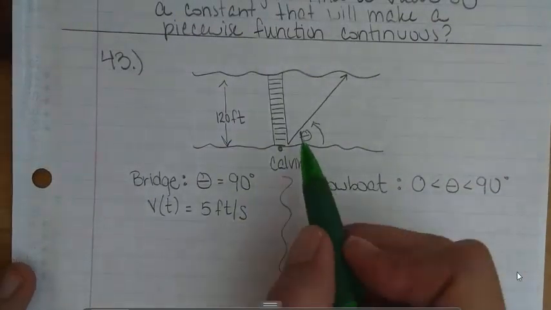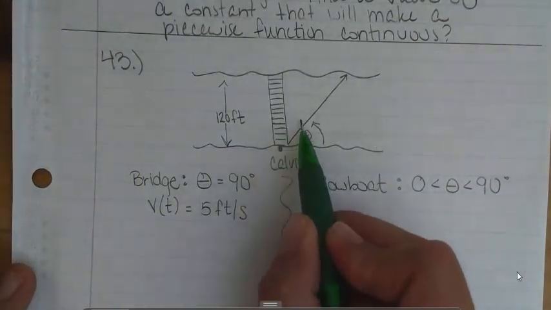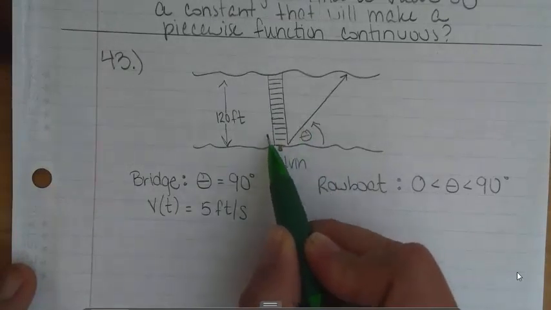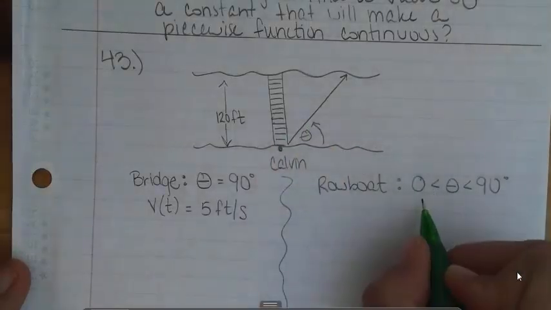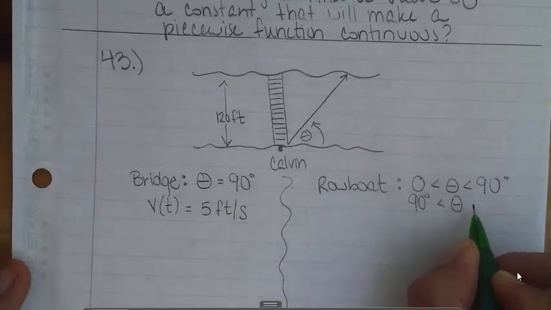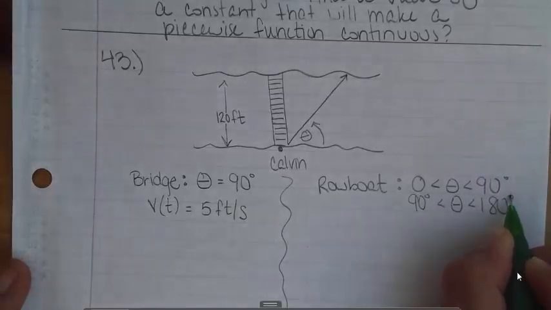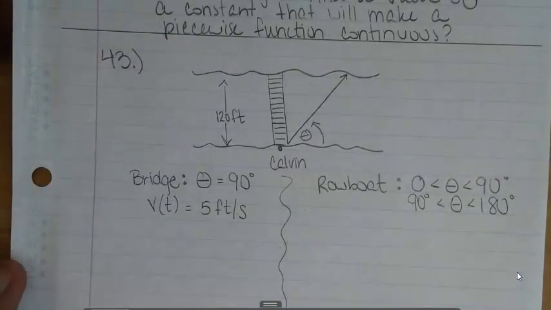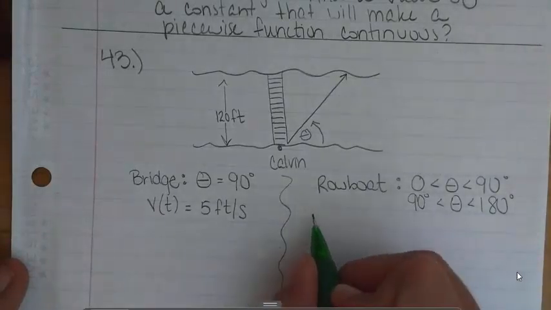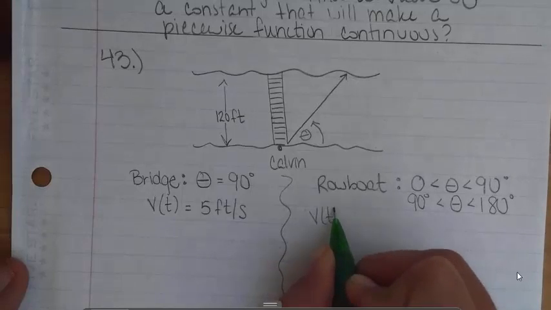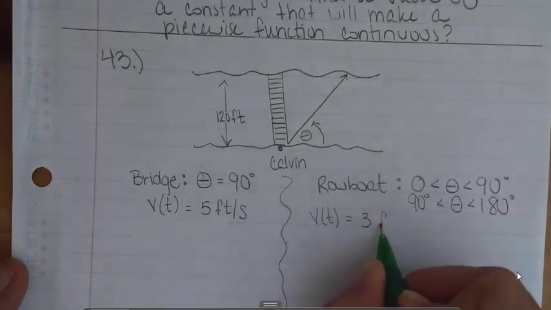But we can also take it to mean maybe it's this angle here from the shore, so maybe it's the upper end, anywhere between 90 degrees and 180 degrees. And we know that his velocity when he crosses using the rowboat is 3 feet per second.